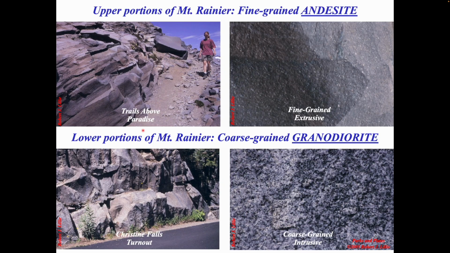However, beneath Mount Rainier, in the canyons where large amounts of erosion have exposed the roots of previous volcanoes that have existed on the same spot as Mount Rainier, these are volcanoes that no longer exist, that have gone extinct and eroded away, you get coarse-grained intrusive rocks like granodiorite or diorite that formed from the slow cooling of magma chambers that fed long extinct volcanoes. So high up on the volcano, we have fine-grained extrusive rocks like andesite, and underneath the volcano, we have coarse-grained intrusive rocks like granodiorite or diorite.